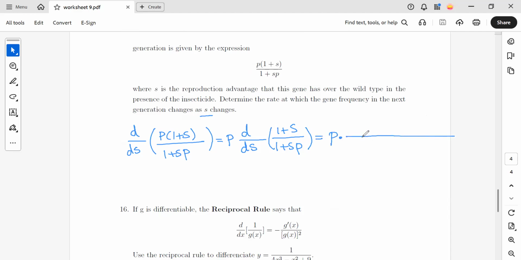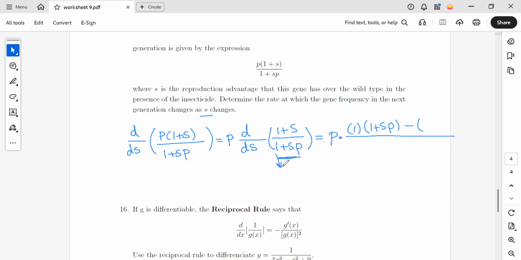Now, the derivative of this fraction with respect to S will be the derivative of the top, which is 1 because S is the variable, and the derivative of this 1 here is 0, times 1 plus SP minus the derivative of the bottom here.